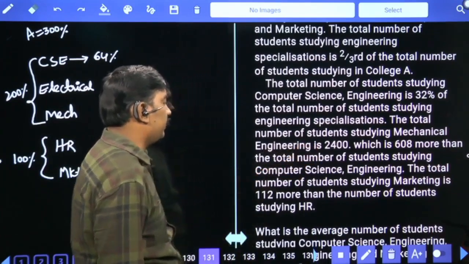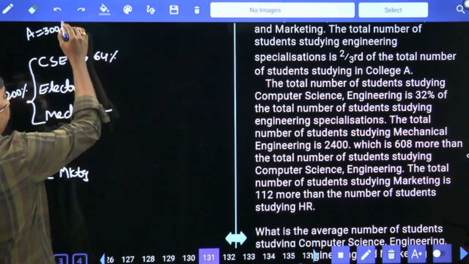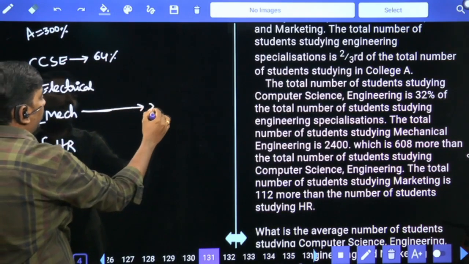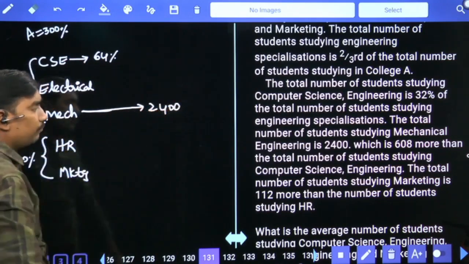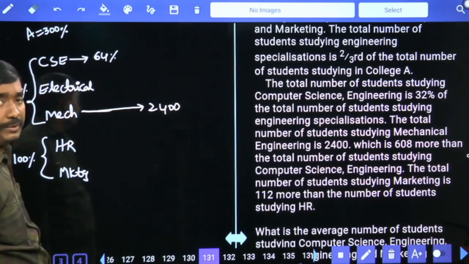Total number of students studying mechanical is 2400, which is 608 more than the number of students studying computer science.